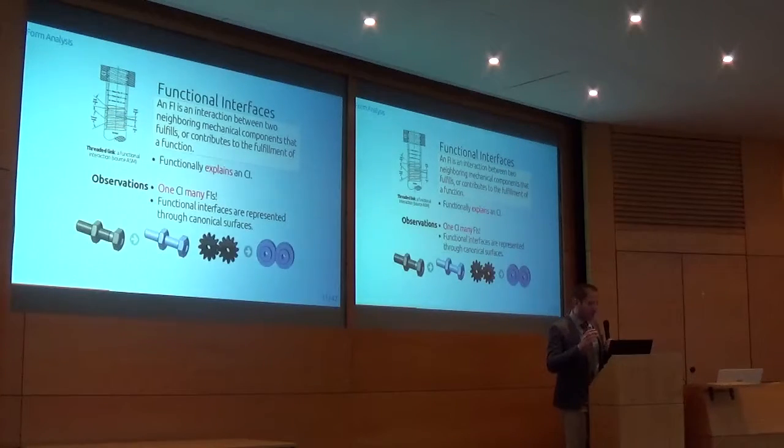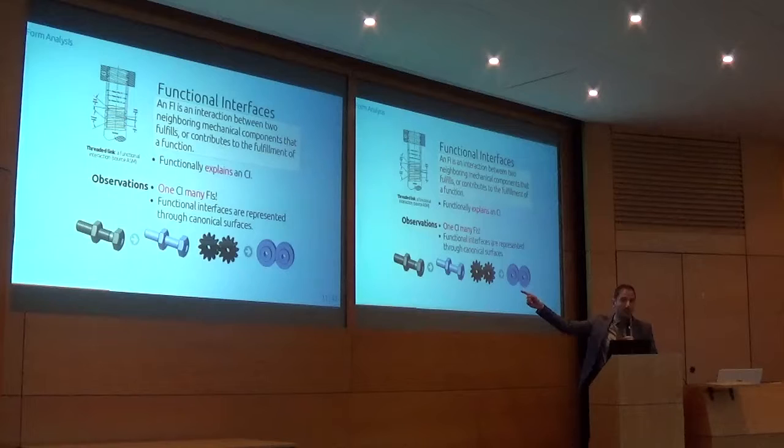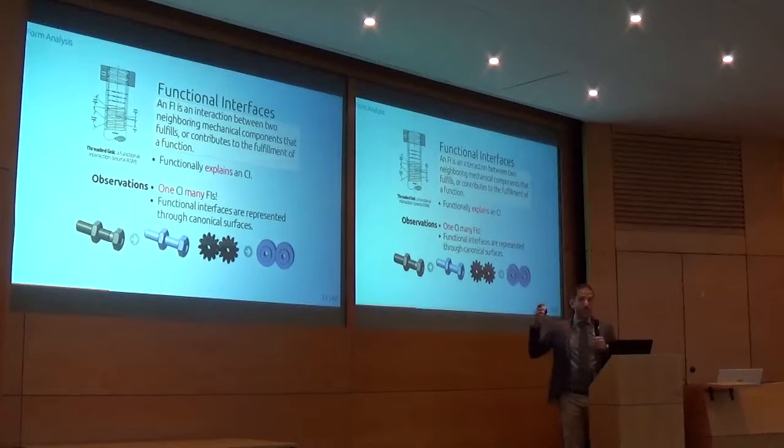This is because even when non-canonical surfaces convey a functional meaning, in this example, the threaded link and the involute profile in screws and gears, those profiles and surfaces are machined independently from the CAD model.